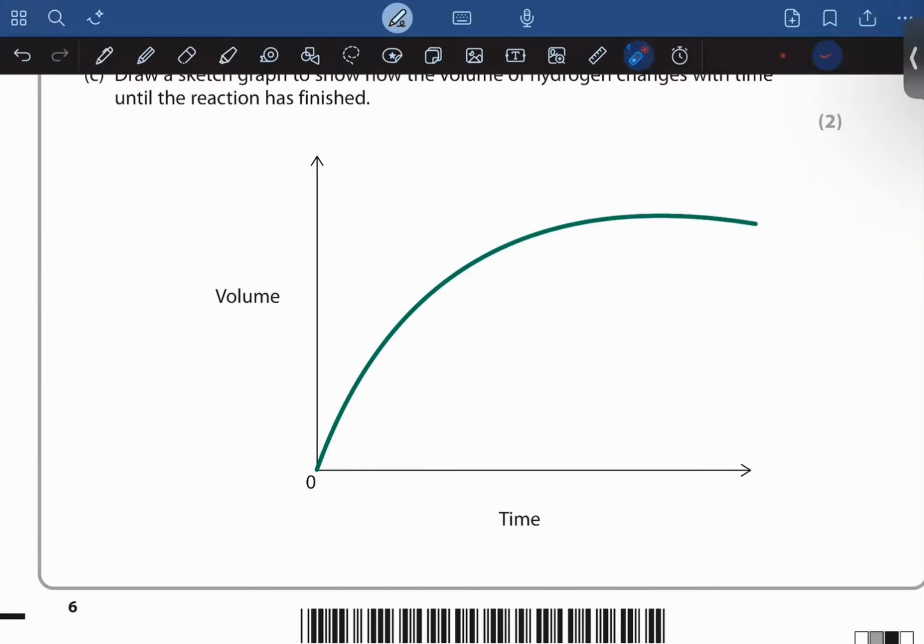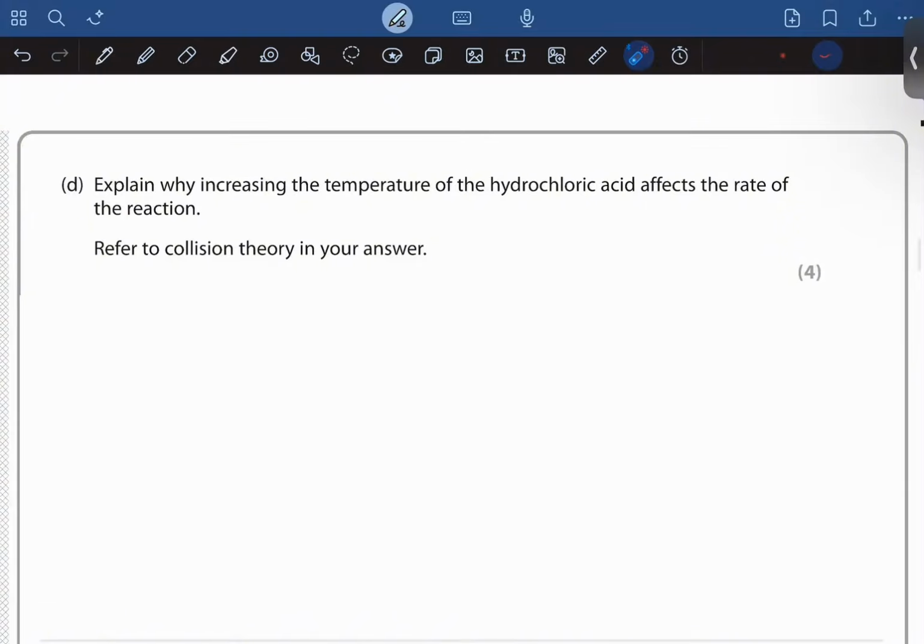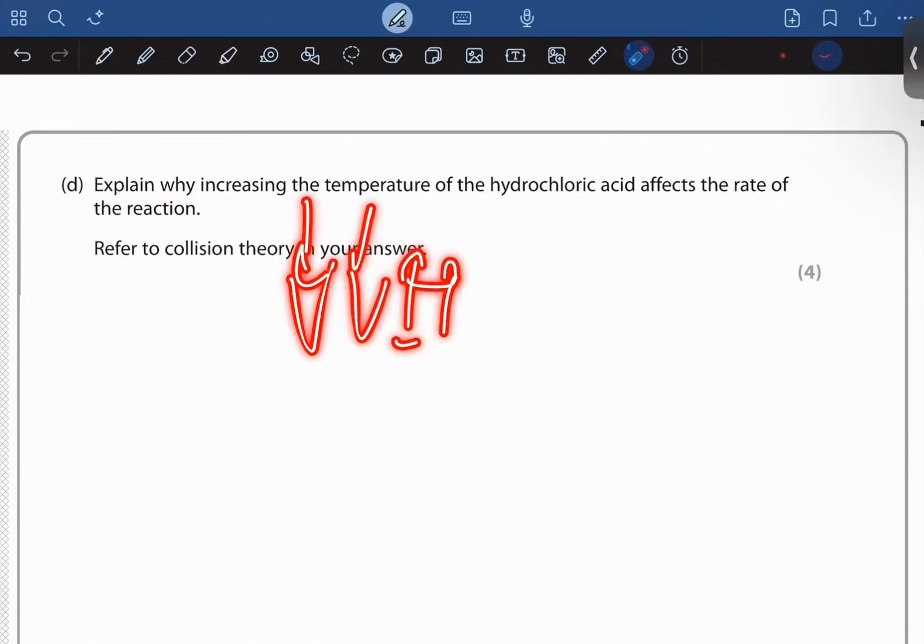So yeah, moving on. Explain why increasing the temperature of hydrochloric acid affects the rate of reaction. Okay, this is a very common question. And by this point of time, you should have this memorized, because this is one of the VVIQ, very, very important questions.